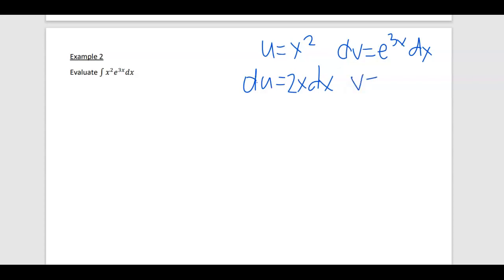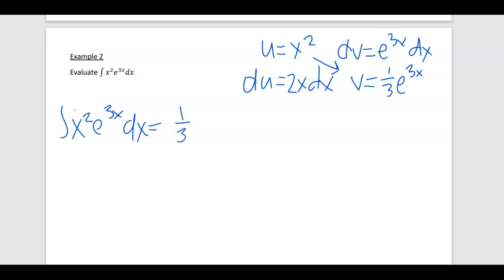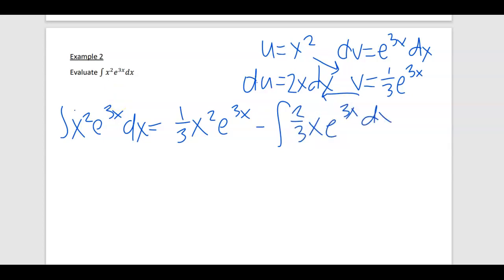The integral here is going to be 1/3 e to the 3x. And so I get the integral of x squared e to the 3x dx equals uv. I'm going to bring that 1/3 in the front, minus the integral of v du. So 2/3 x e to the 3x dx.